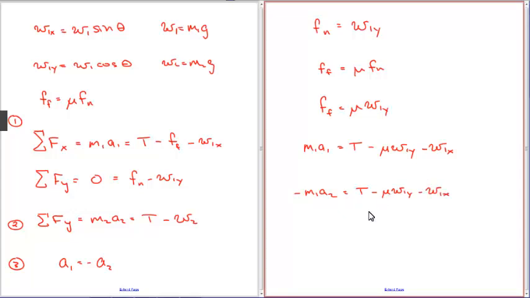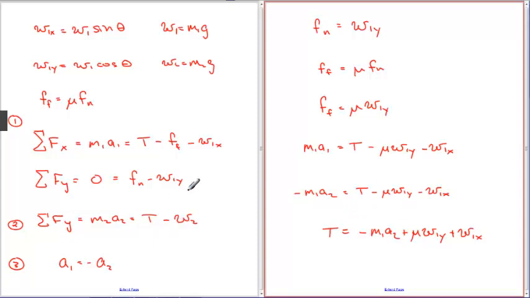And if we solve for either A or T, we can plug it into this equation, and the only unknown we'll have is either A2 or T. So let's solve for T, because that's a little easier. T is equal to M1A2 plus mu times W1y plus W1x, because I'm going to change the sign when I move these two to the other side, and they become positive. So I'm just solving for T, and then I can substitute into here.